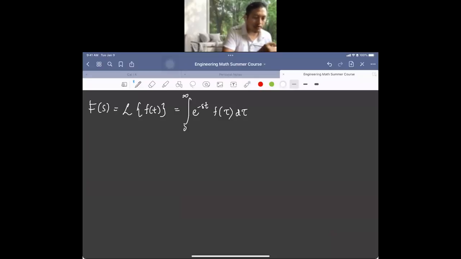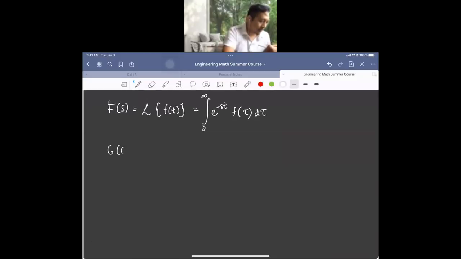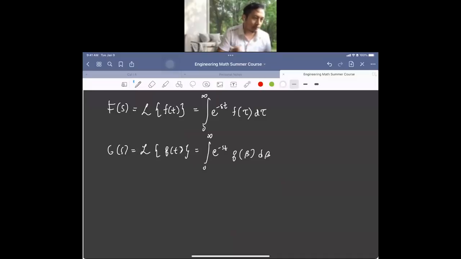And let's use tau, to make sure that we are all using the same dummy variable. And take the G of s also, with a similar structure to F, but with a different dummy variable. Let's say we are using beta.